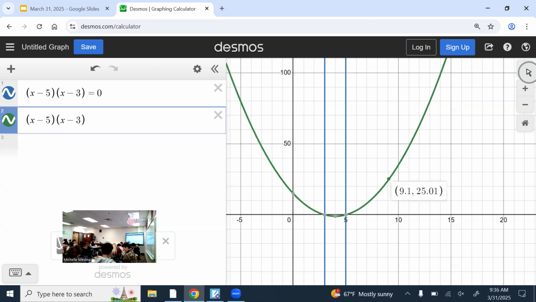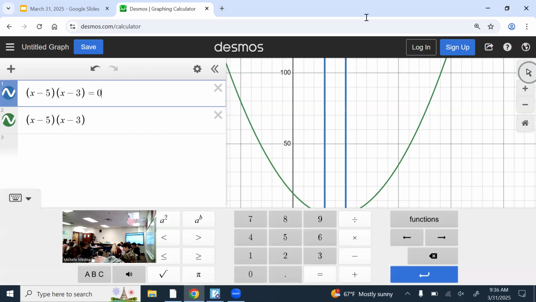Sometimes you need a random point on the line, like when x is 9, what's the answer? So you can get all of that from this green graph, because you can see the U shape. And I see the U shape when it's written as an equation.